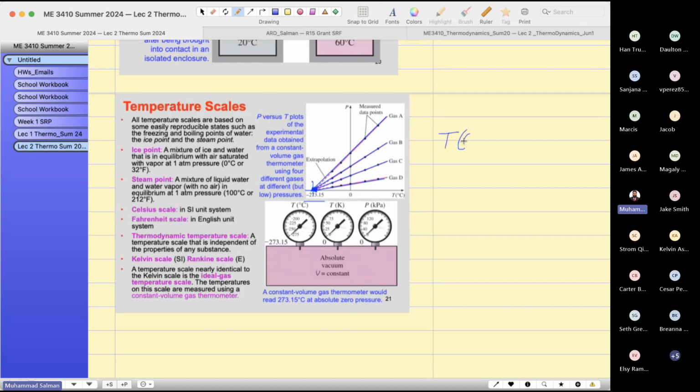So a temperature of negative 273.15 Celsius is equal to 0 degrees Kelvin on the absolute scale. In the absolute scale, this is known as 0 Kelvin. This is absolute zero.